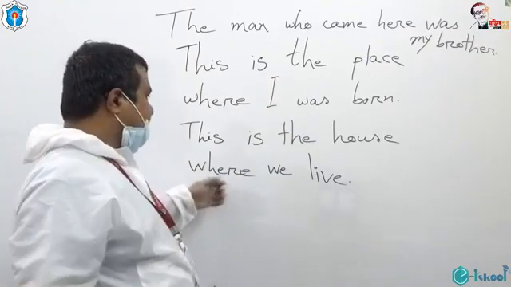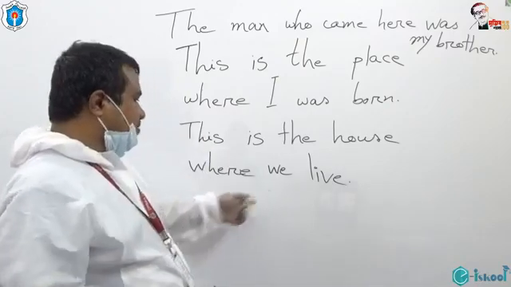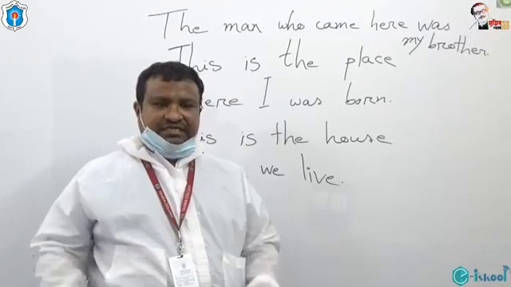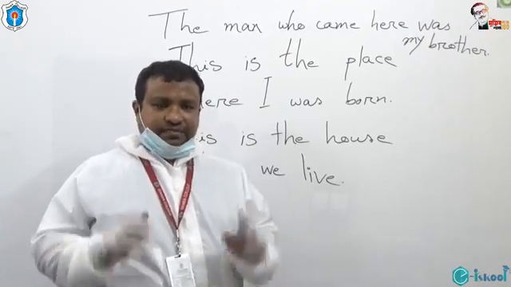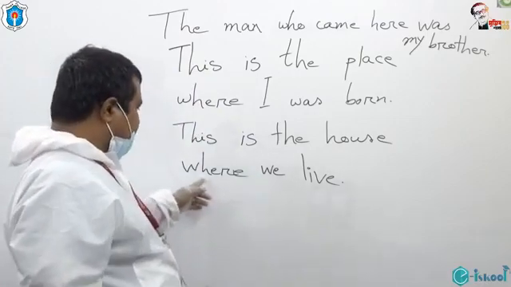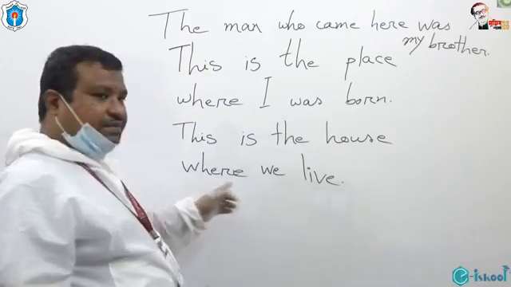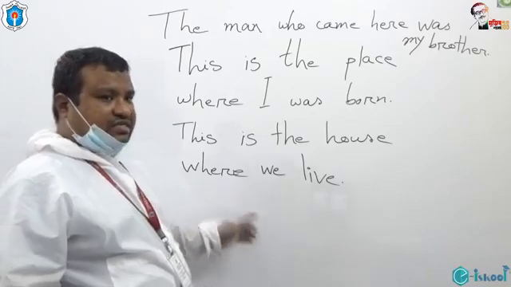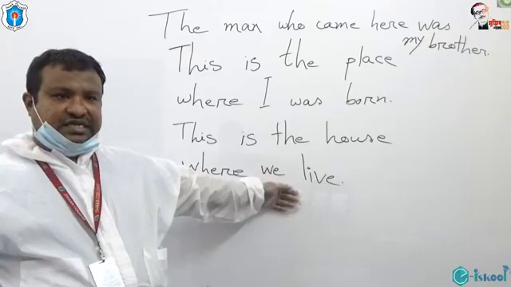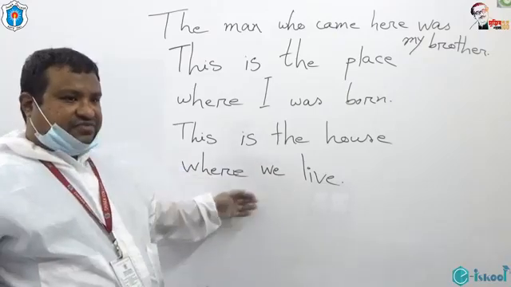When I say this is the house where we live, it's an event which takes place at present. In both, the relative pronoun is used in between the sentence, and a full clause is used after the relative pronoun.